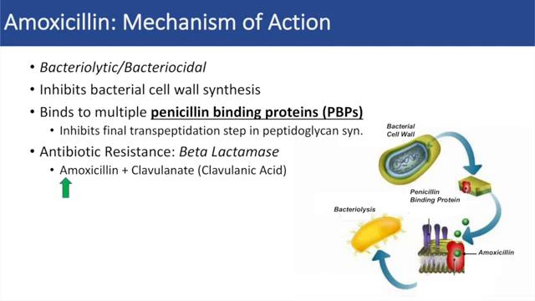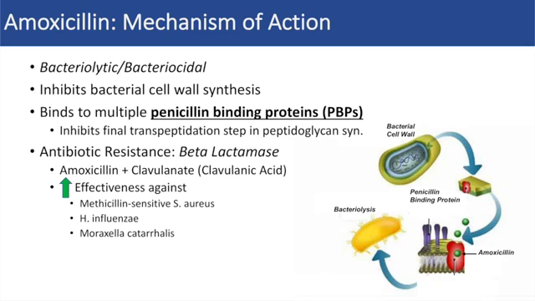And this increases the effectiveness against a variety of other bacteria as well, including methicillin-sensitive Staphylococcus aureus, so the MSSA, not MRSA, but MSSA. It also increases the effectiveness against H. influenzae and Moraxella catarrhalis.